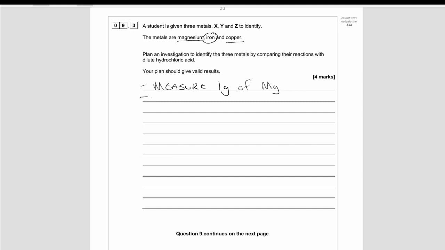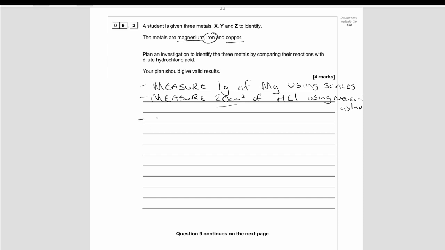We're going to measure a specific volume, not the word amount, a specific volume, let's say 20 centimetres cubed of hydrochloric acid. We could also say what equipment to use. We're going to use scales for this one, and a measuring cylinder. Or you could measure 25 centimetres cubed using a pipette. We've already said that's a really accurate way of doing things, so you could use that information here as well.